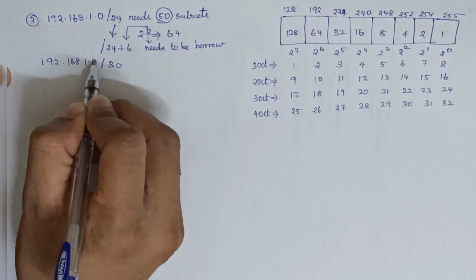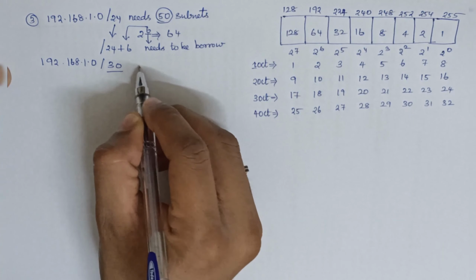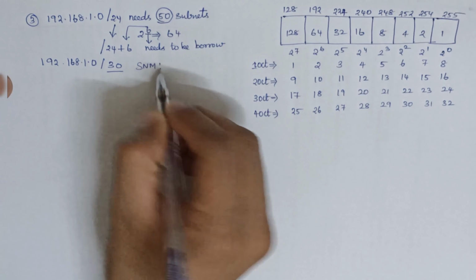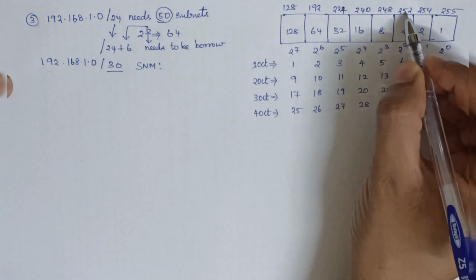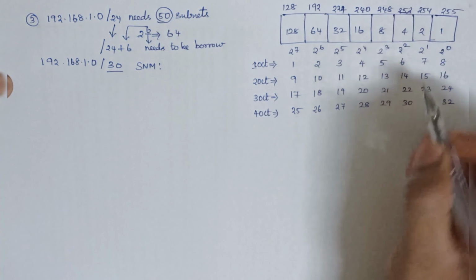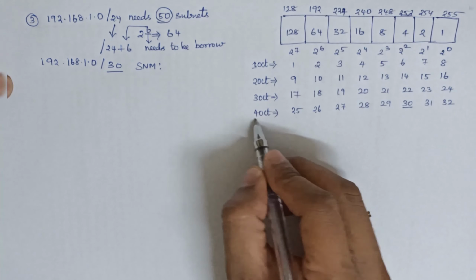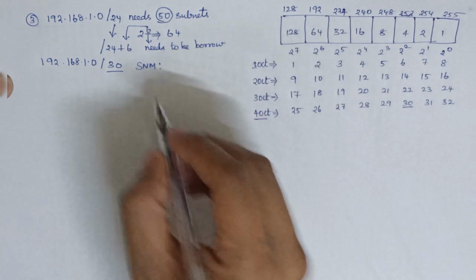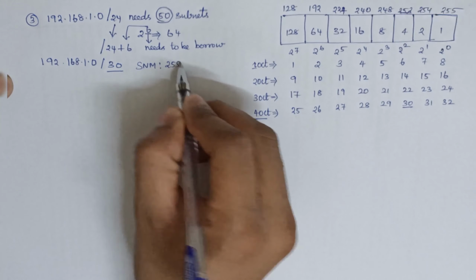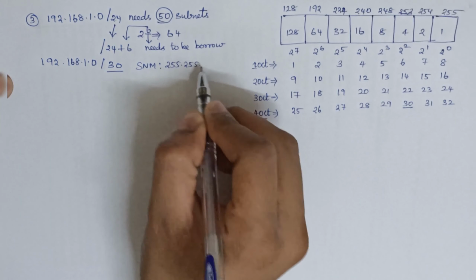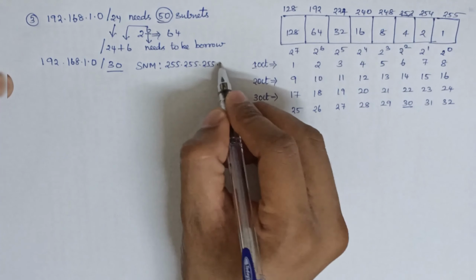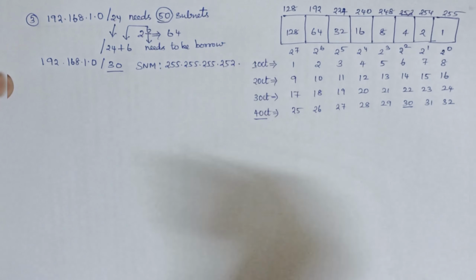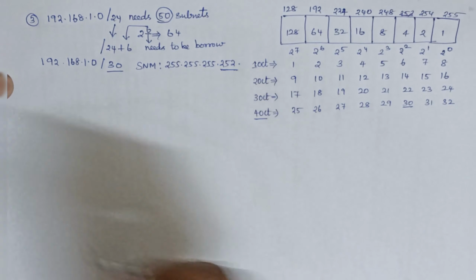192.168.1.0/30. Look at the subnet mask now. Where is that 30? It is in the 4th octet, and the subnet mask is 252. So 3 octets full: 255, 255, 255. And the last 4th octet is 252, because 30 lies in the 4th octet.